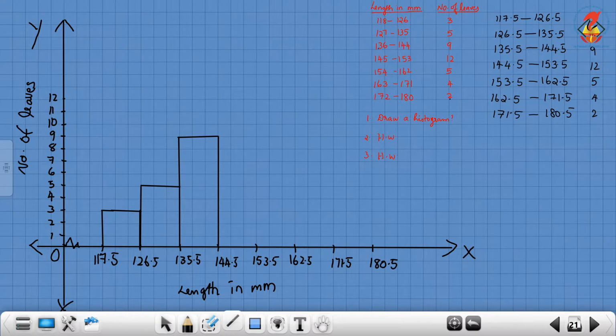Next 144.5 to 153.5, 12. Next 153.5 to 162.5, 5.